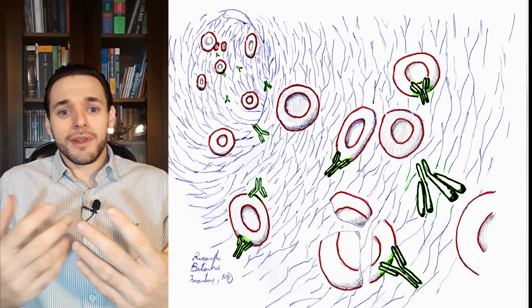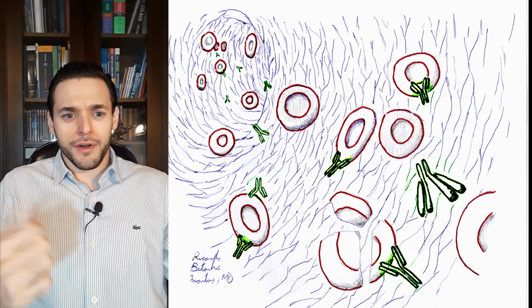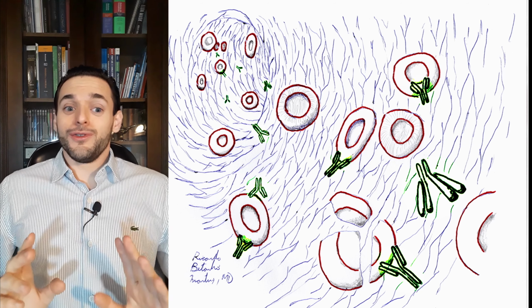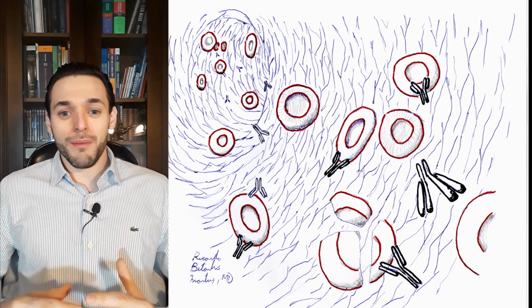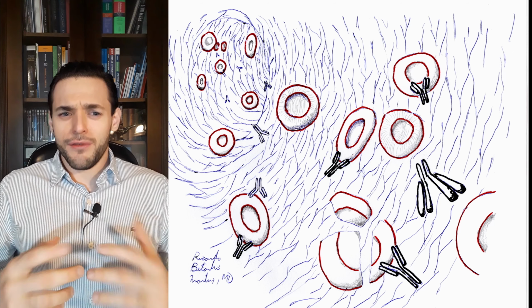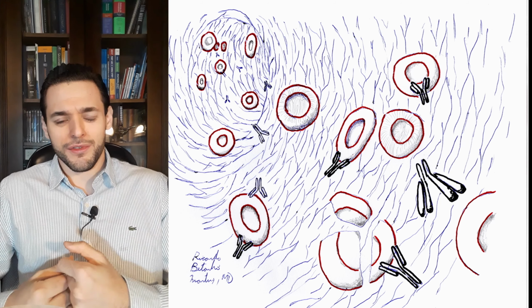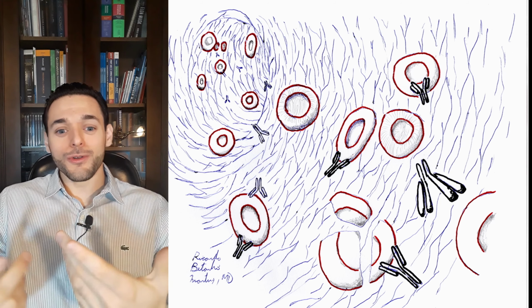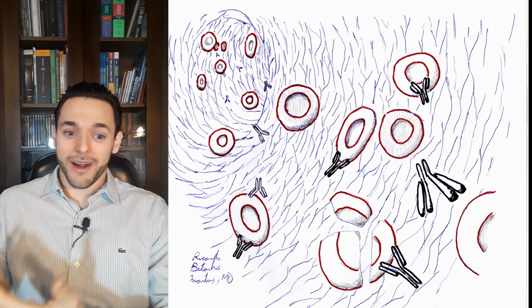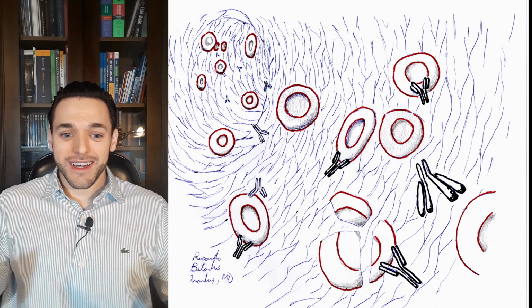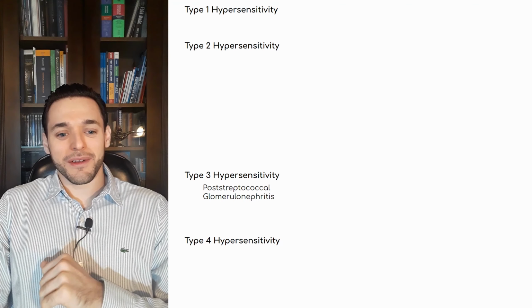Since we are talking about the blood and not mucosa, for example, these immunoglobulins are not IgA. And IgE is not known for coating the membrane of foreign cells, but rather for its interaction with mast cells. Thus, autoimmune hemolytic anemia is mediated by IgM or IgG, and so an example of type 2 hypersensitivity.